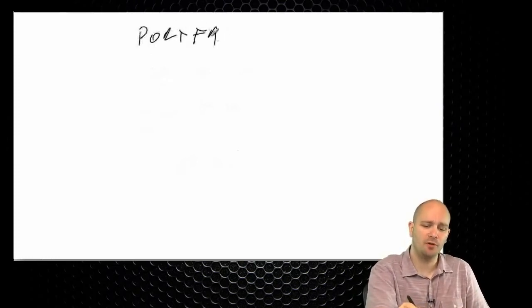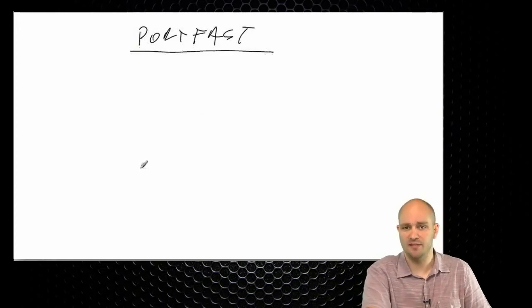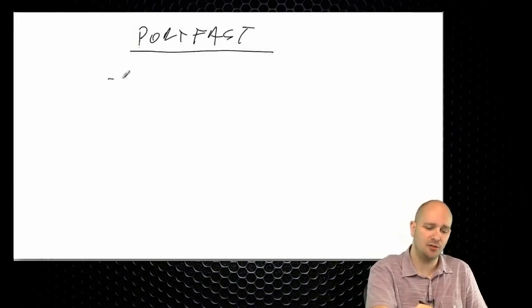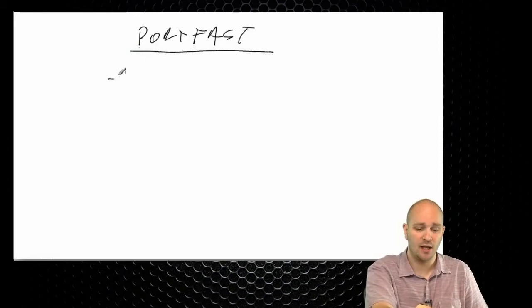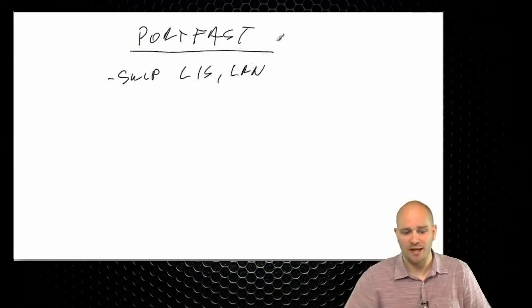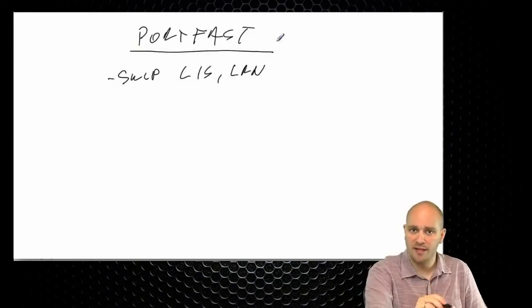Now, the usual understanding of this feature is that an interface that has Portfast enabled on it will skip the listening and learning phases of the spanning tree. The important thing to know is that this applies only when the interface comes up.